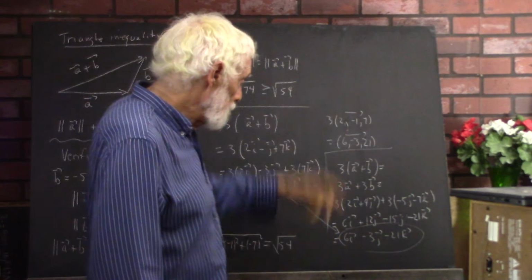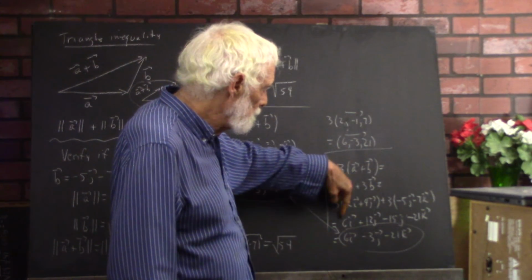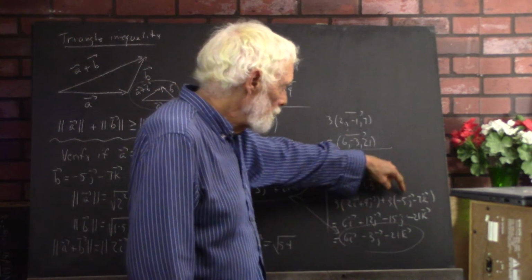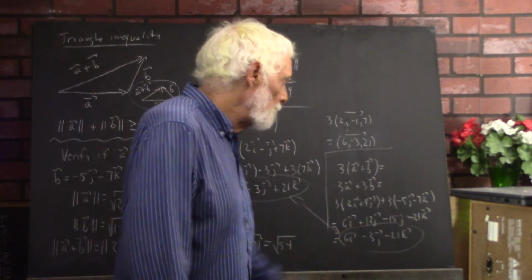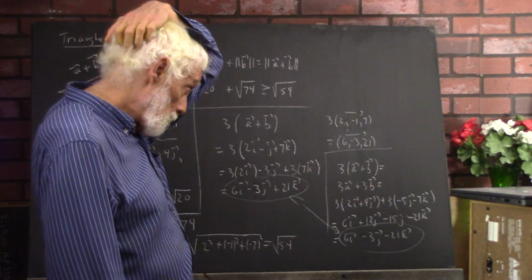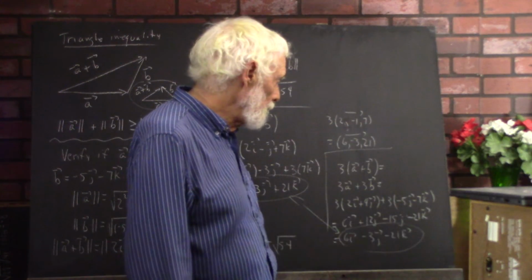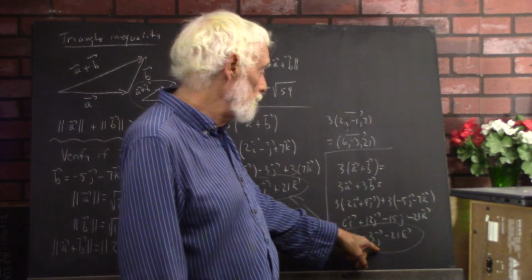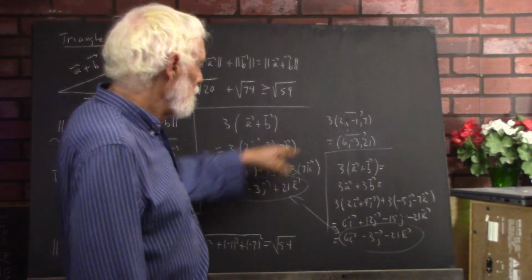We do the multiplication. 3 times the a vector gives us 3 times 2, 6, 3 times 4 is 12, 6i plus 12j, and 3 times negative 5j minus 7k is negative 15j minus 21k, and then we just kind of collect things. We've got the 6i, there are no other i's. There's a 12j and a minus 15j giving us a negative 3j, negative 21k. This is identical to this and equivalent to this.